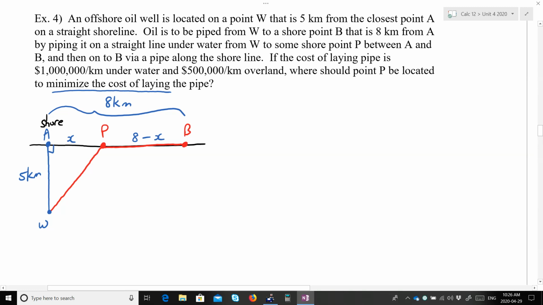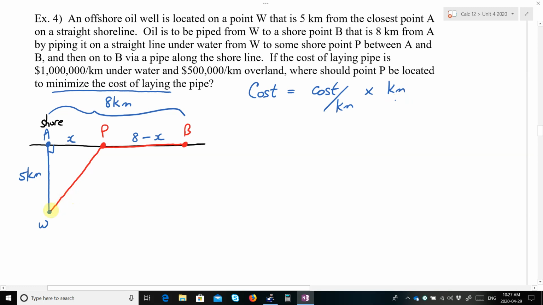Okay, and so the cost to transport oil for a certain distance is going to equal the cost per kilometer times the number of kilometers, or like the distance that the oil is piped.